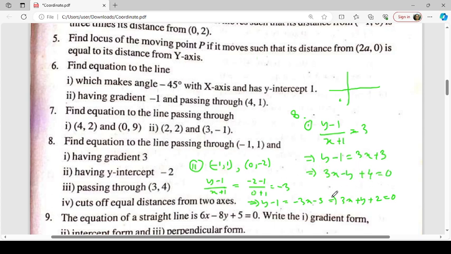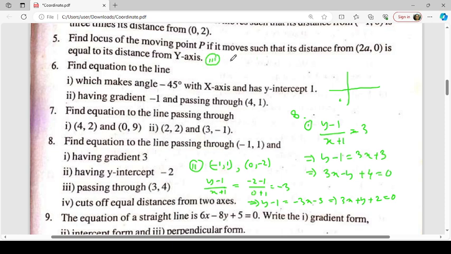For number 2 it is root 3 x plus y plus 2 equal to 0. Then number 3 passes through (3, 4). So like number 2, one point is (-1, 1). So number 3 we are writing here.